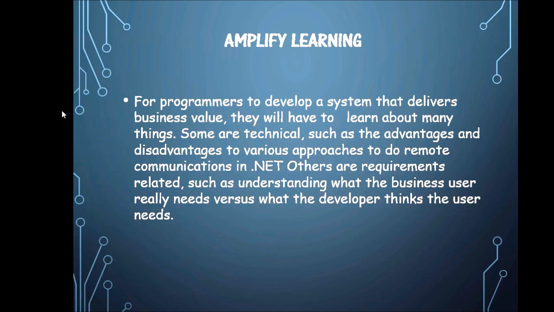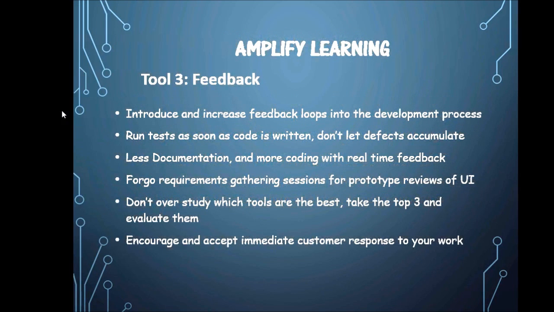Others are requirement related, such as understanding what the business user really needs versus what the developer thinks the user needs. And the tool in this amplifying learning is feedback. The reason why I put tool 3 here is that it's the continuation of tools 1 and 2 in the first principle, which is eliminate waste.